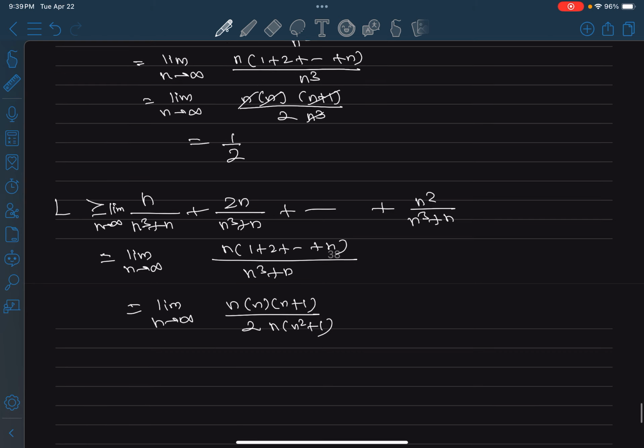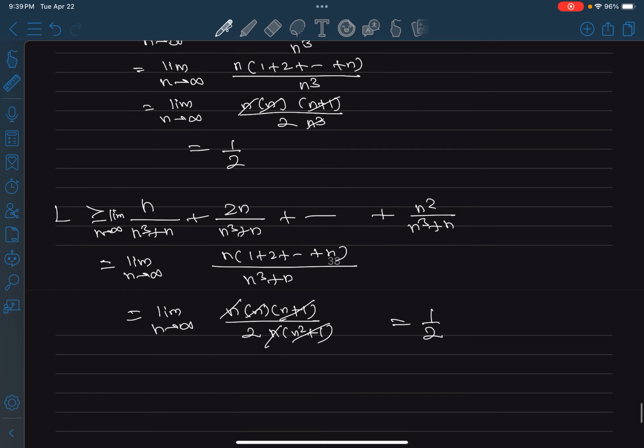So n squared plus 1 is just n squared at infinity, and n plus 1 is just n. At infinity, the plus 1 and plus 2 don't matter. So n squared cancels with n squared, n cancels with n, and we just have half again.